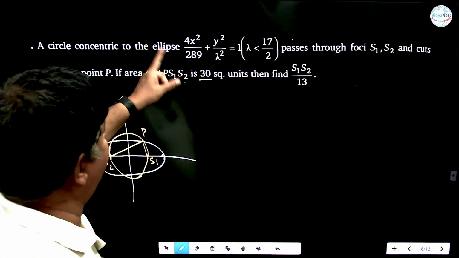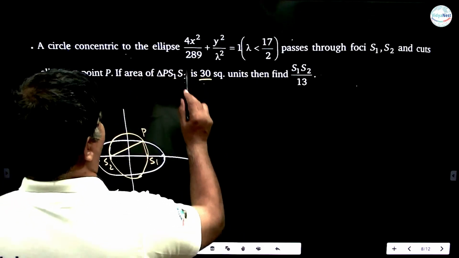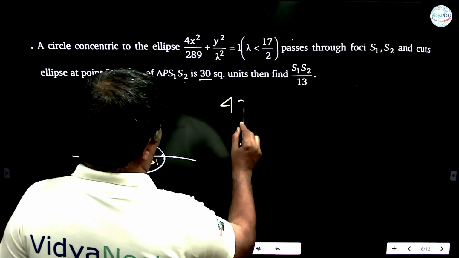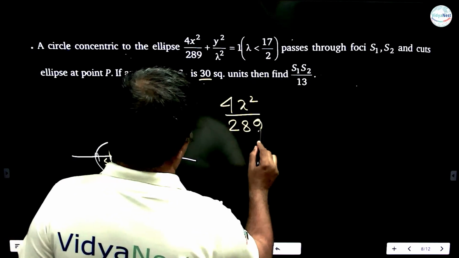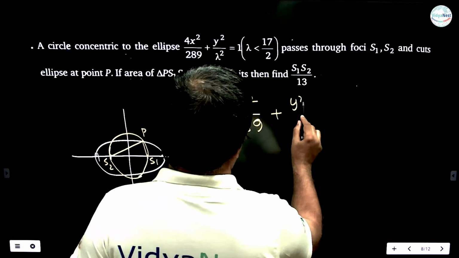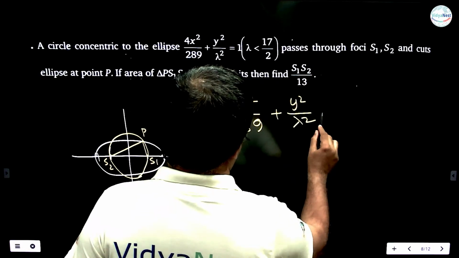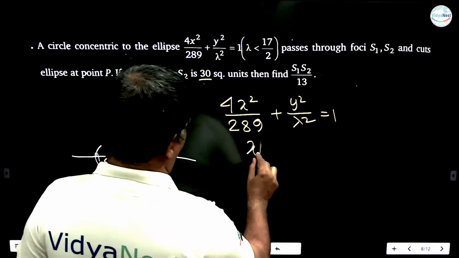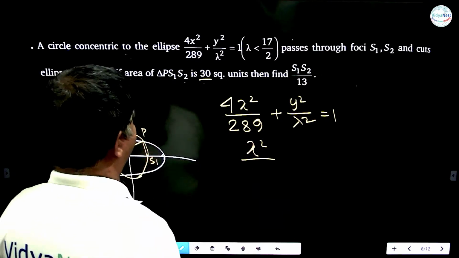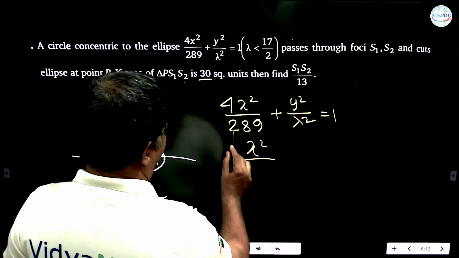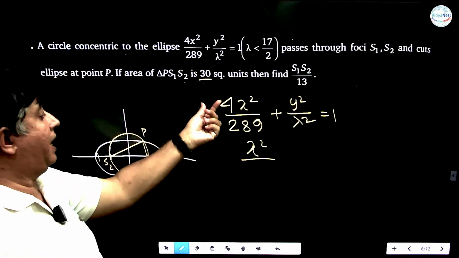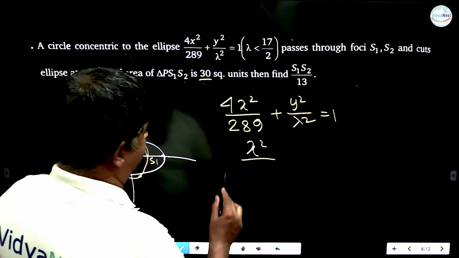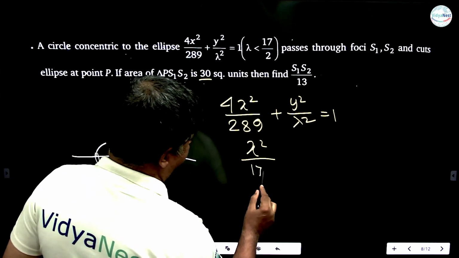Now let us rewrite this equation of the ellipse in its standard form. X square by, you do one thing, just drag 4 into the denominator of this.